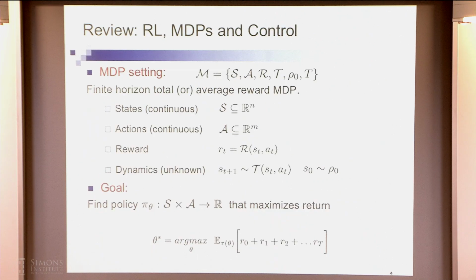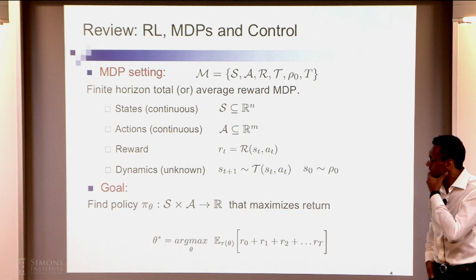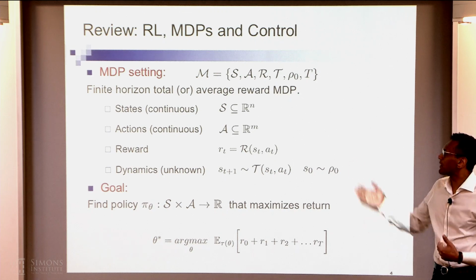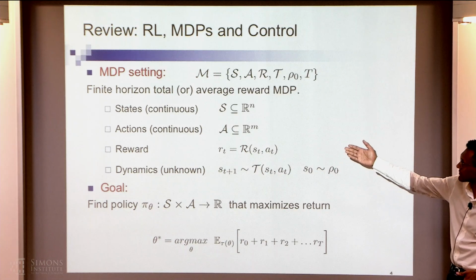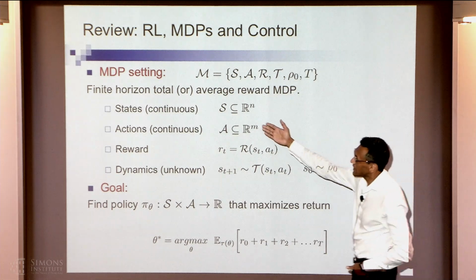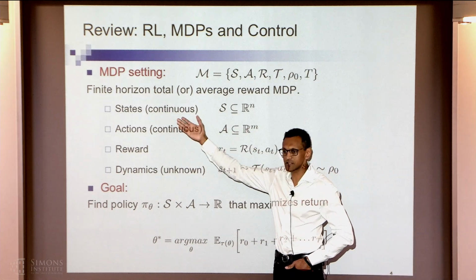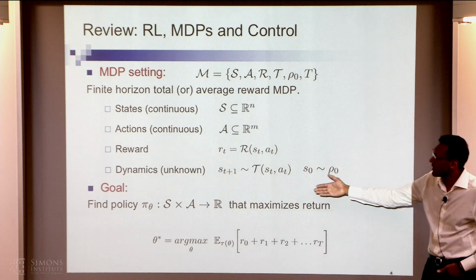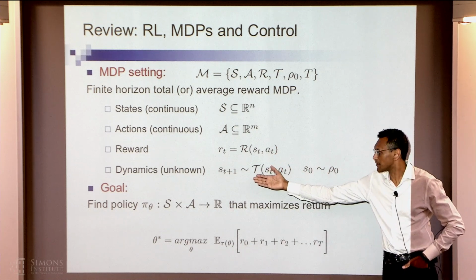Okay, so let's just quickly review reinforcement learning. I think there was a review talk on this before, but I'm just going to review RL in the context of Markov decision processes. We have states and actions. You take an action in a certain state, you get some reward based on the state you're in, and you move based on the underlying dynamics of the world.